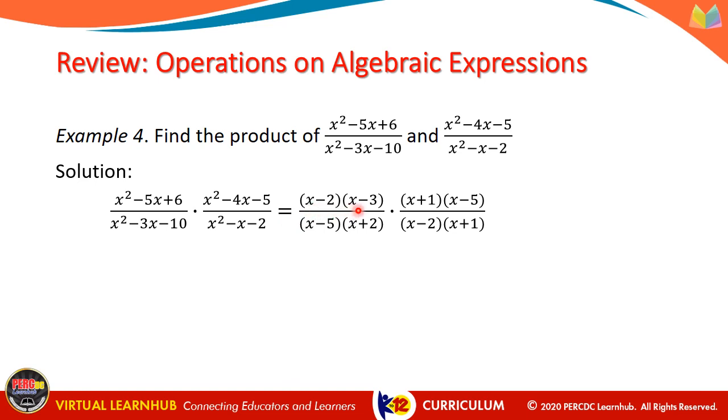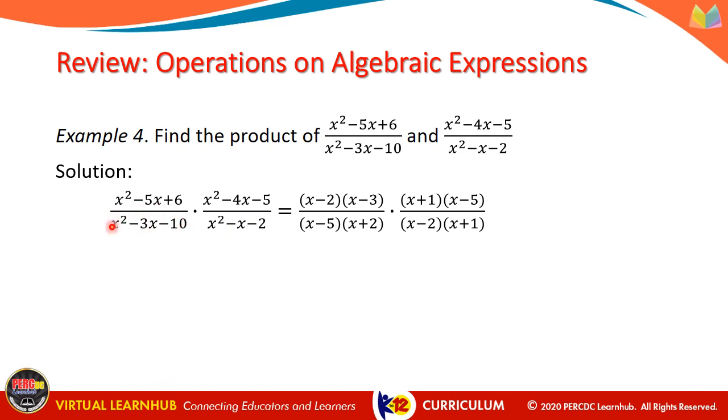times x minus 3 over x minus 5 times x plus 2 times x plus 1 times x minus 5 over x minus 2 times x plus 1. X squared minus 5x plus 6 can be factored as x minus 2 times x minus 3.